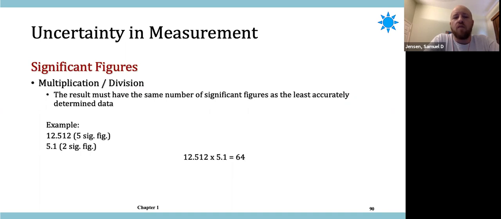So when we take numbers and we multiply them by one another, the least significant measurement is driving our accuracy. Just like the saying goes, a chain is only as strong as its weakest link. A relay race is only as fast as its slowest runner. A unit of measurement is only as accurate as the least accurate term.